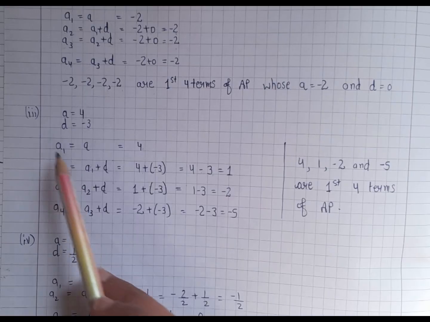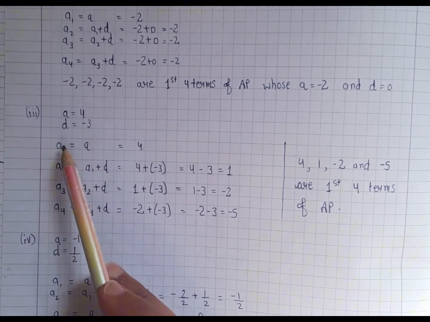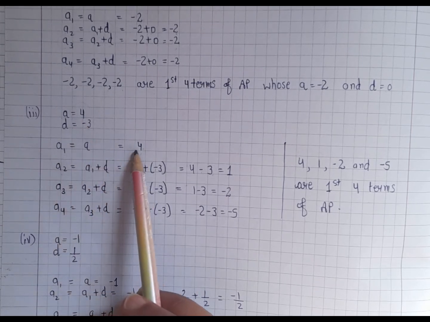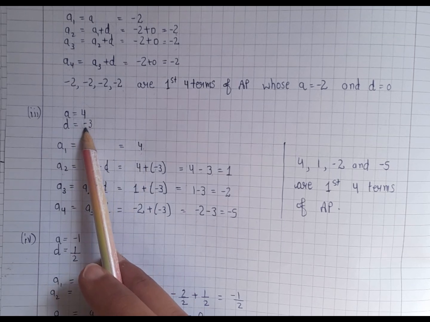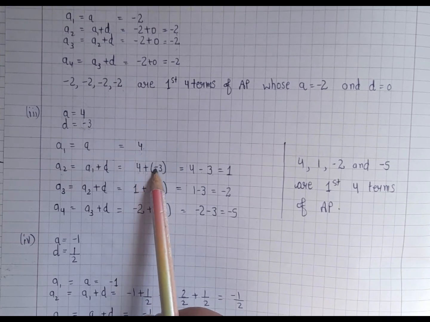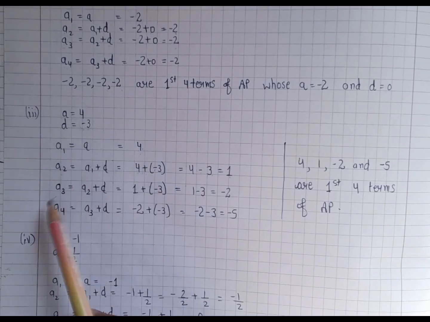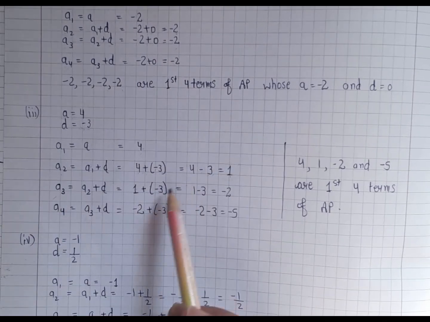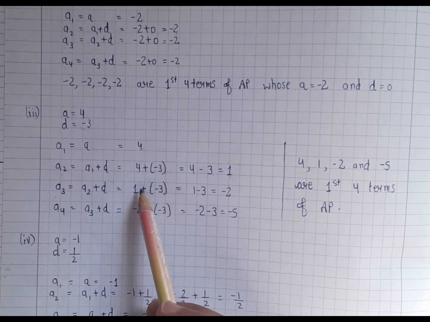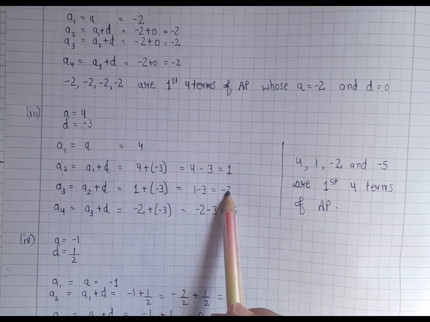Third part, A equals 4, D equals minus 3. Here the first term is 4. The second term is obtained by adding the common difference D to the first term. So the second term equals 4 plus (minus 3), that is 4 minus 3, which equals 1. The third term equals the second term plus the difference. So 1 plus (minus 3) is the difference, that is 1 minus 3, which equals minus 2.